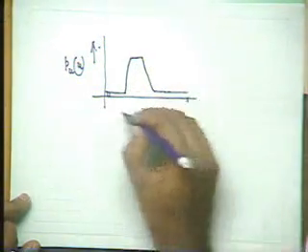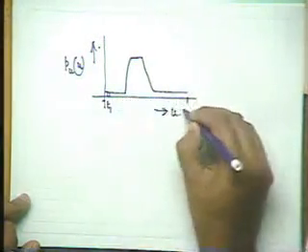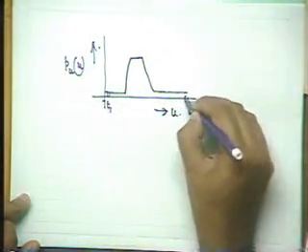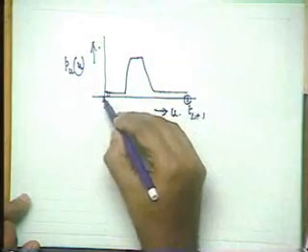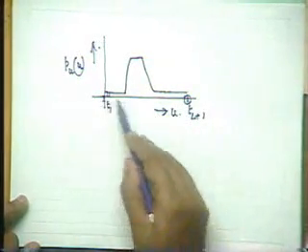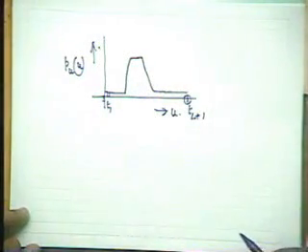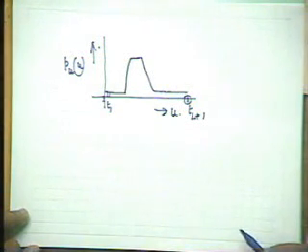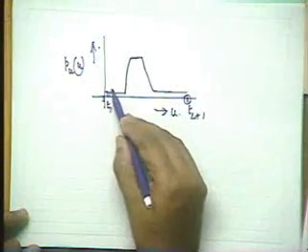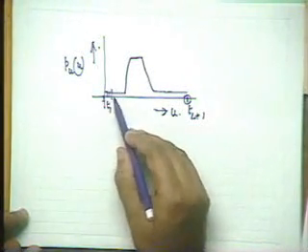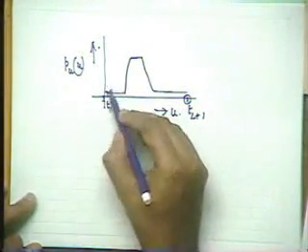Supposing this is my total range, I was talking of T1 to TL plus 1, where T1 is the minimum and TL plus 1 is the maximum, and this is the kind of probability density function that I have got. Now, if we quantize like this, if we say that we will have uniform levels.